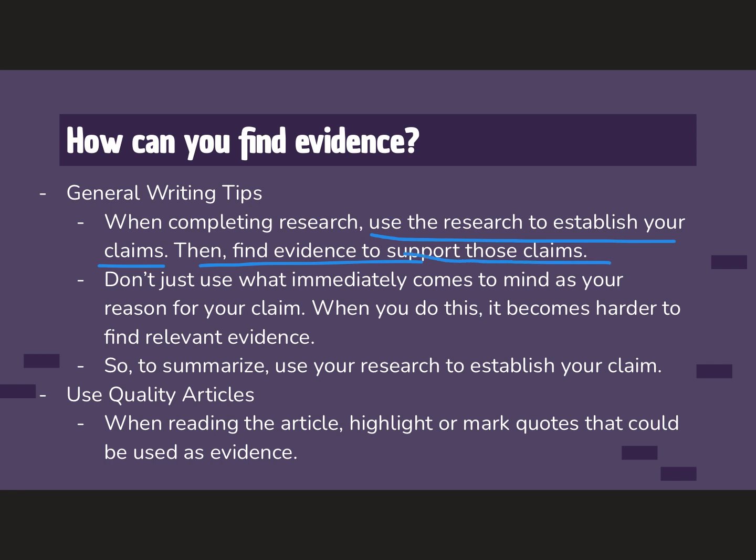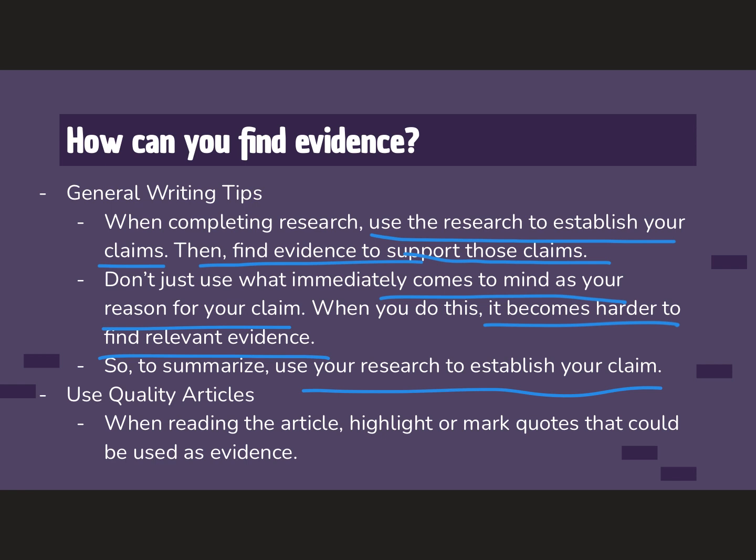So you come up with your claims because of what you read, and then find evidence in the same things that you read to support it. Don't immediately use what comes to mind as your reason for your claim. When you do it, it becomes harder to find relevant evidence. If you cannot prove that your claim is valid, then you end up wasting a lot of time. So use your research to establish your claims.